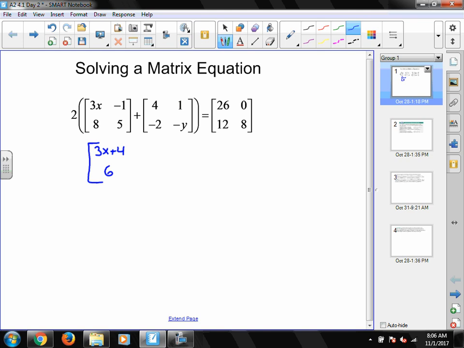I get my 1 and my negative 1, add those together to get 0. And then I have a 5 plus a negative y, which we can just write as 5 minus y or 5 plus negative y, whatever you feel most comfortable with. We still have that scalar of 2 out front, and we know that that has to equal the matrix of 26, 12, 0, and 8.